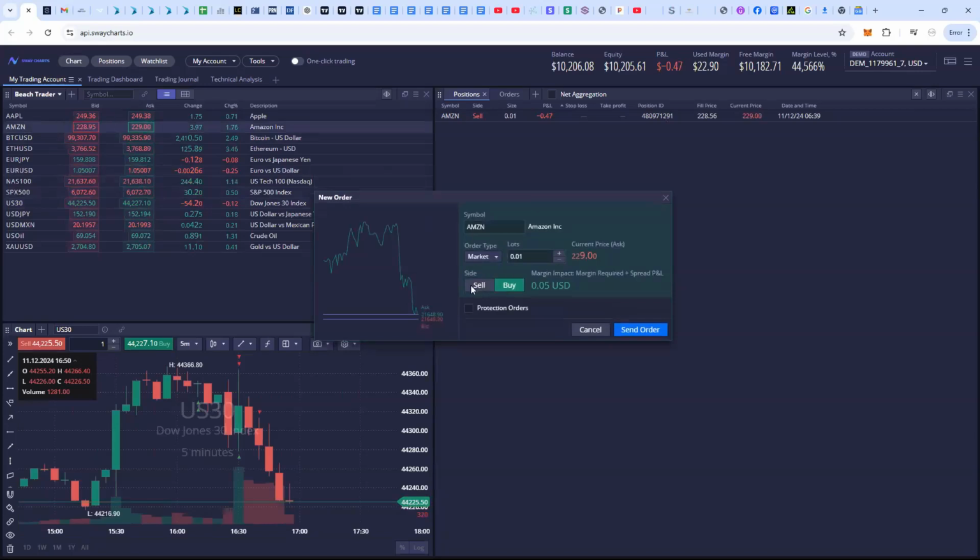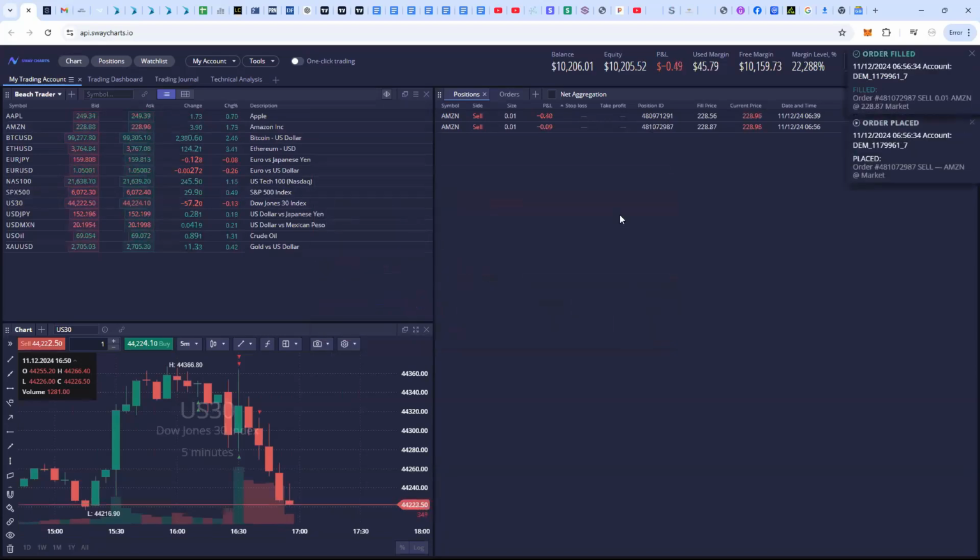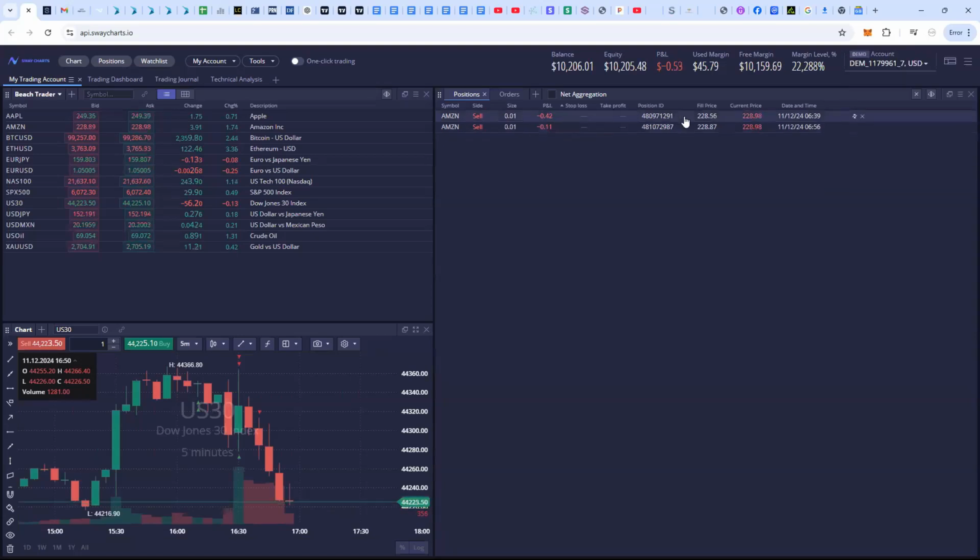So I'm going to say to sell. And you can switch it right here. Buy, sell. And we're just going to send it in. So now we have 2 Amazon trades to sell right here. We got 2 trades. They're both for 1 penny a lot, 0.01, 0.01. So they're not going to move too fast.